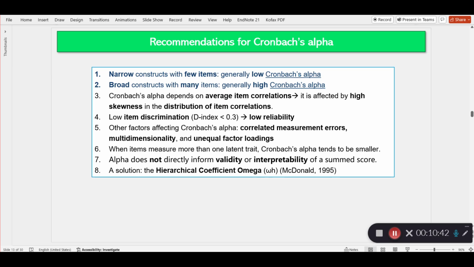I'd like to add a few more recommendations for you just in case you're curious how else we can improve Cronbach's alpha. If you have a narrow construct which is measured by just few items, generally speaking, you may get a low Cronbach's alpha value, which is not good. If you want to get a higher Cronbach's alpha indicating higher internal consistency, it's a good idea to get a broad construct, a construct that has several subdimensions which are closely correlated with each other, not subdimensions that are not closely correlated.